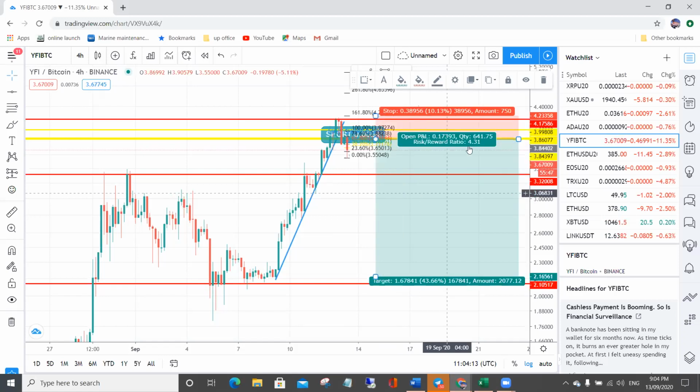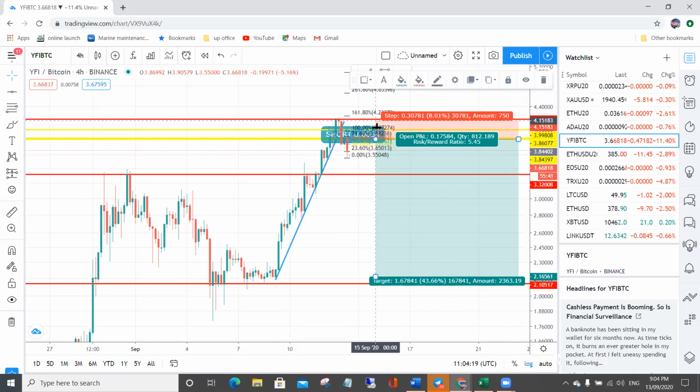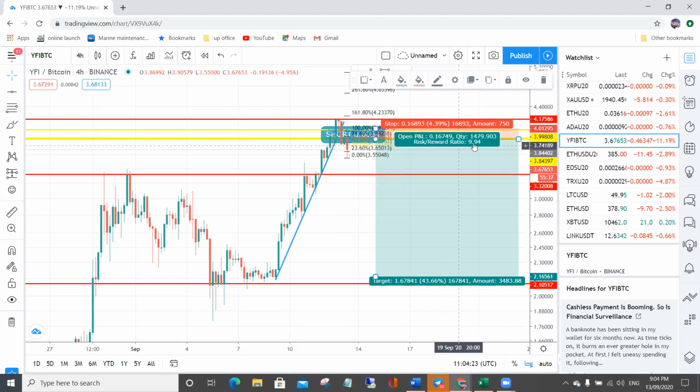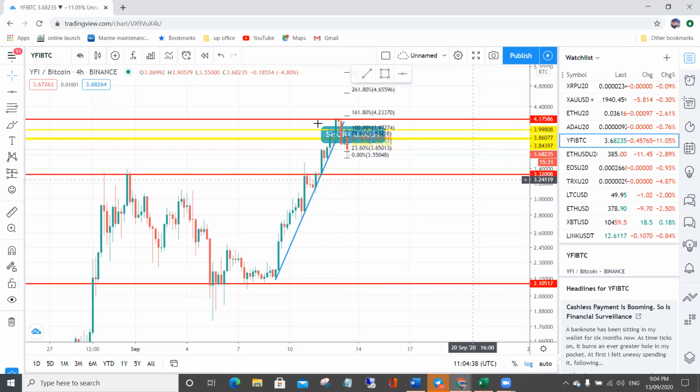So the risk to reward is 4.3, so it's really good. But now I would have moved my stop loss down to there. Now the risk to reward is almost 10. So the worst I can lose is this little bit here, and I can potentially make that much. So this could potentially be quite a huge trade profit-wise.